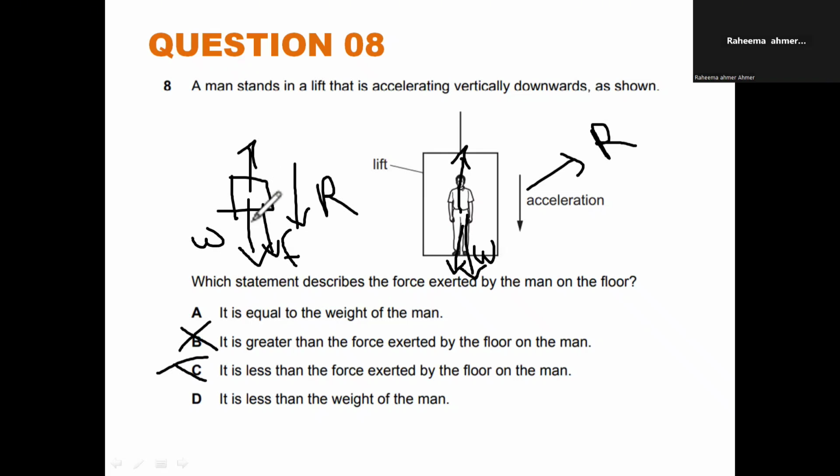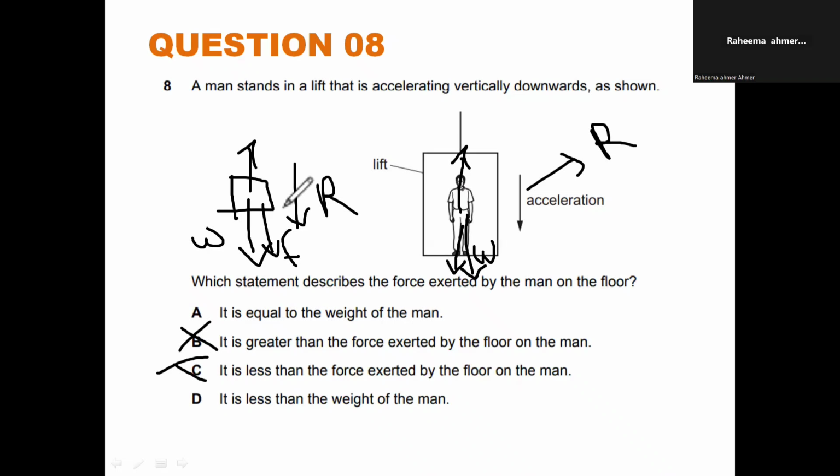Now, if this force were greater than the weight, then the effect of the weight could also be cancelled out, so the resultant force would be pointing upwards. What I'm trying to explain is that the weight of the object must be greater than the force exerted by the floor on the man, so that the resultant force is pointing downwards and the lift is accelerating downwards.